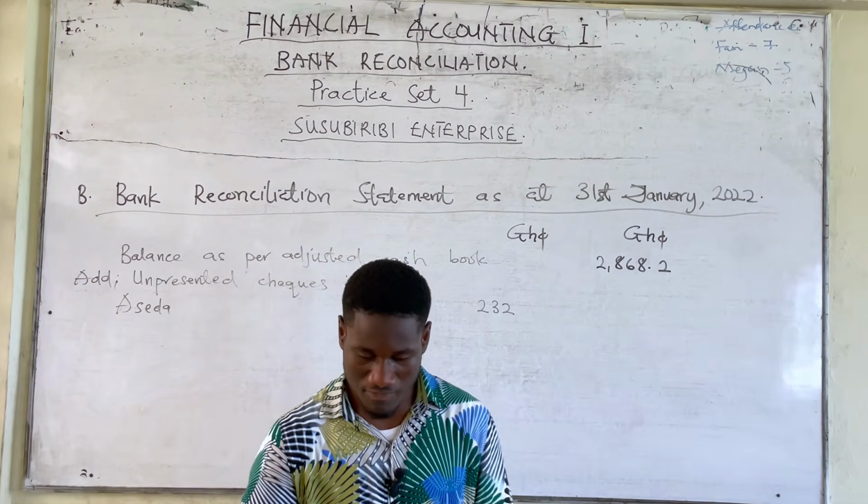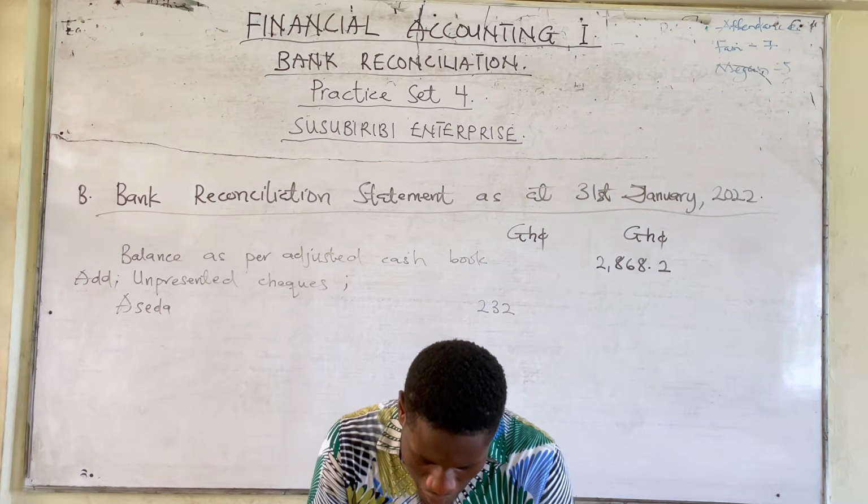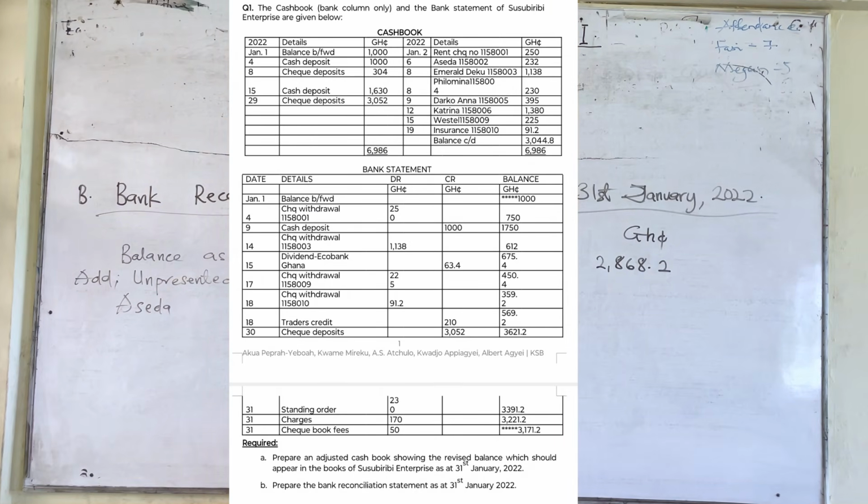So we could see that Emma Deku was recorded here with the number 1158003 and the same amount here with the same number. So you could see that Emerald was credited and debited in the bank statement. Okay, so that one we have no problem with because it was recorded. Good.